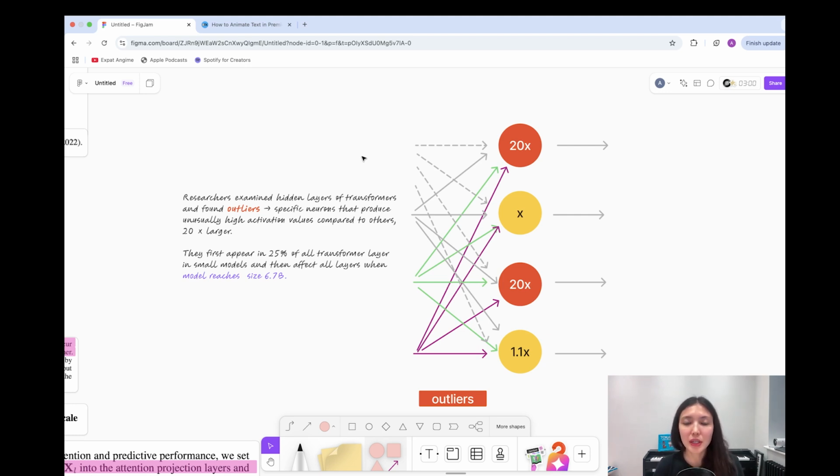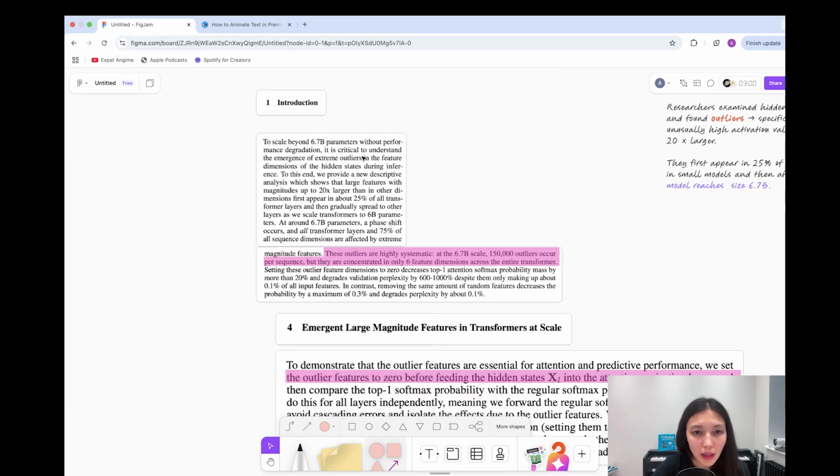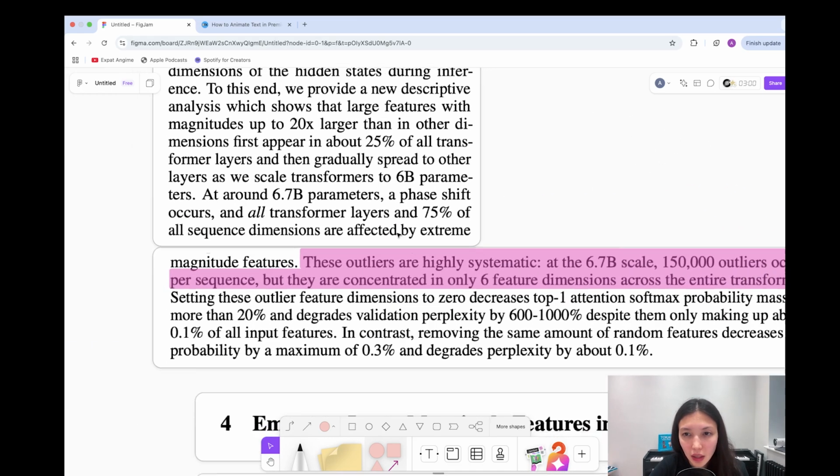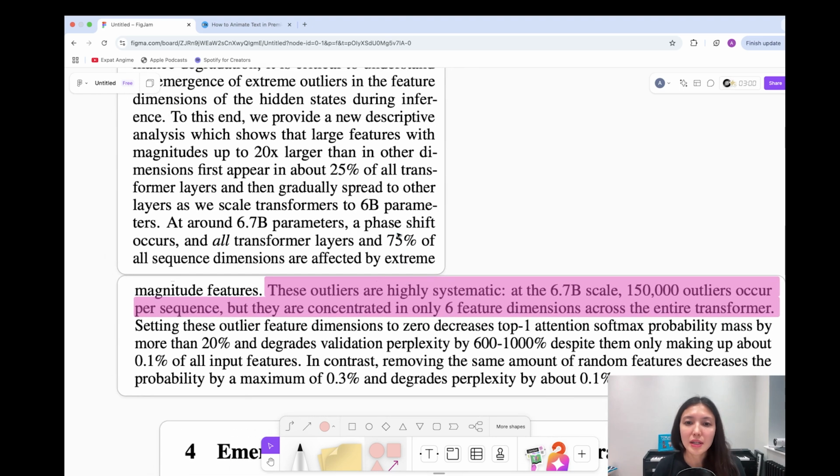They first appear in 25% of all transformer layers in small models, and then affect all layers when the model reaches the size of 6.7 billion. These outliers are highly systematic at the 6.7 billion scale. 150,000 outliers occur per sequence, but they are concentrated in only 6 feature dimensions across the entire transformer.